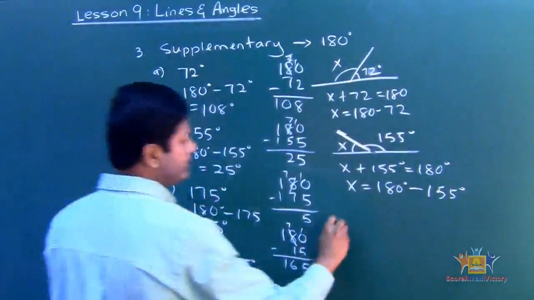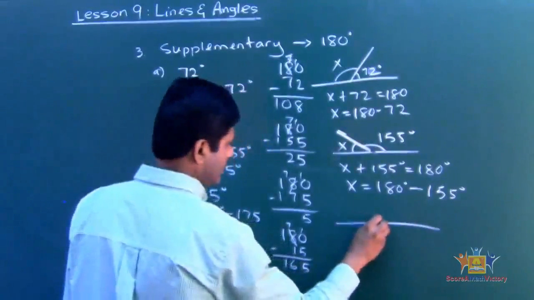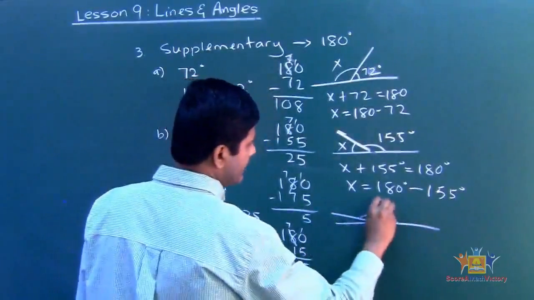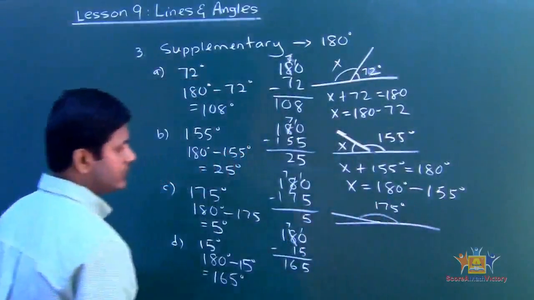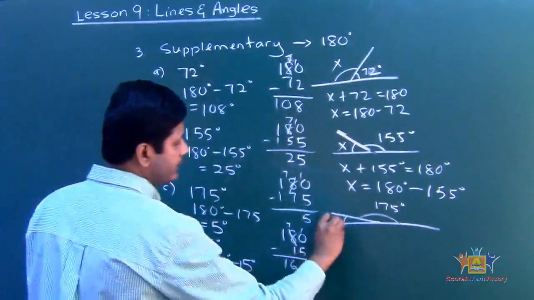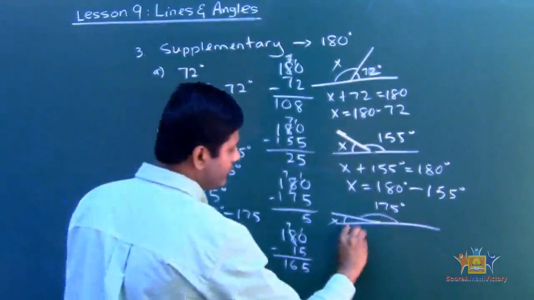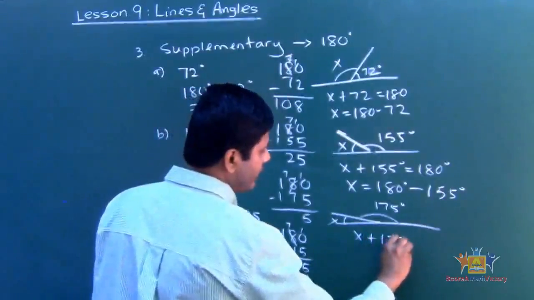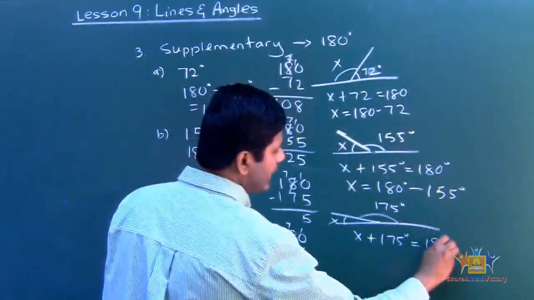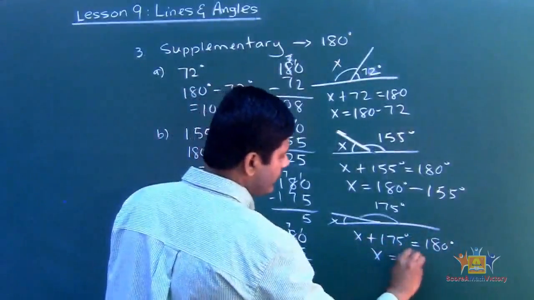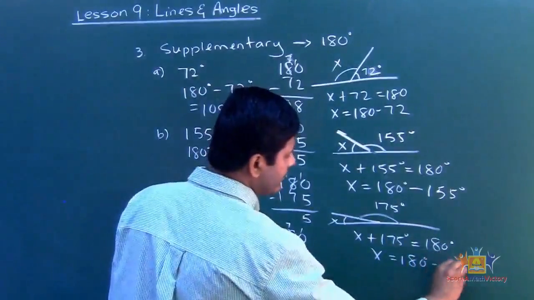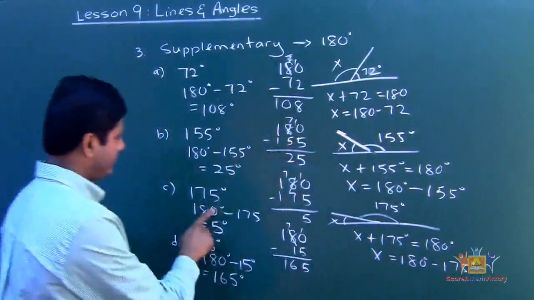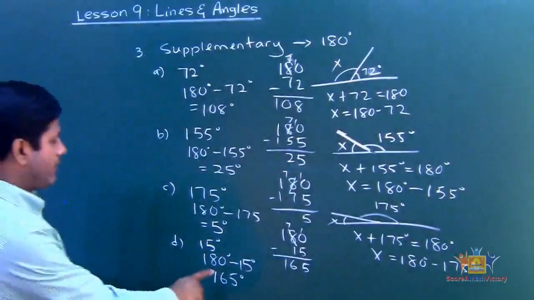Same thing with this one, 175. I'm looking for x. So x plus 175 degrees equals 180. x equals 180 minus 175 degrees. Same thing with that one too.